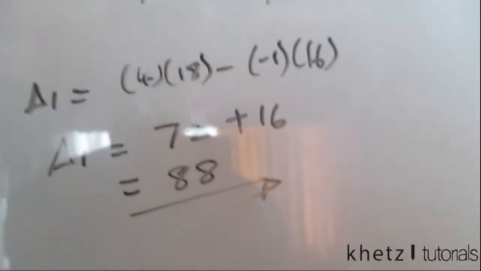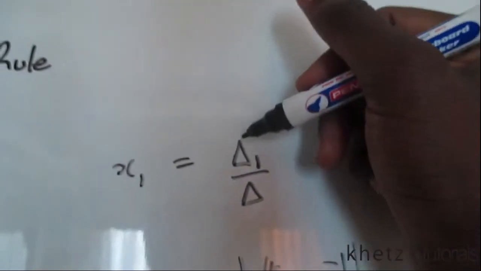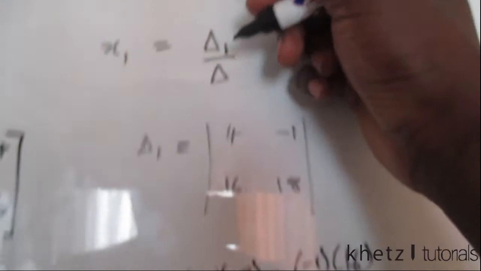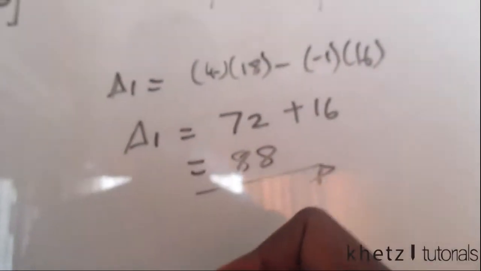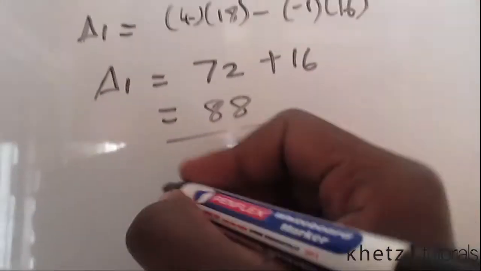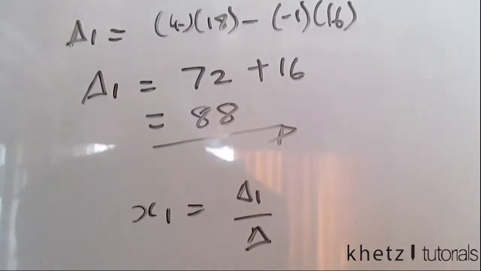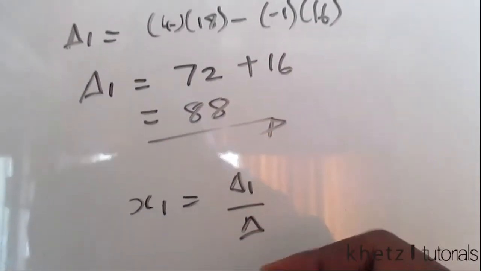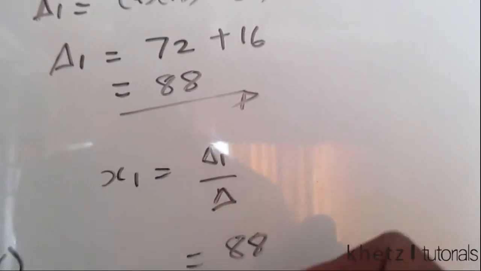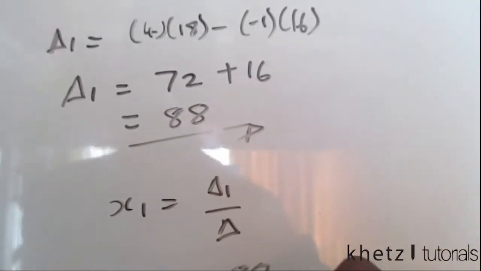So now we go back to this formula and we plug in whatever we found. We said x sub k is equal to delta sub k divided by delta. So we now have delta 1 and delta. Delta 1 is 88 and delta is 48, right?